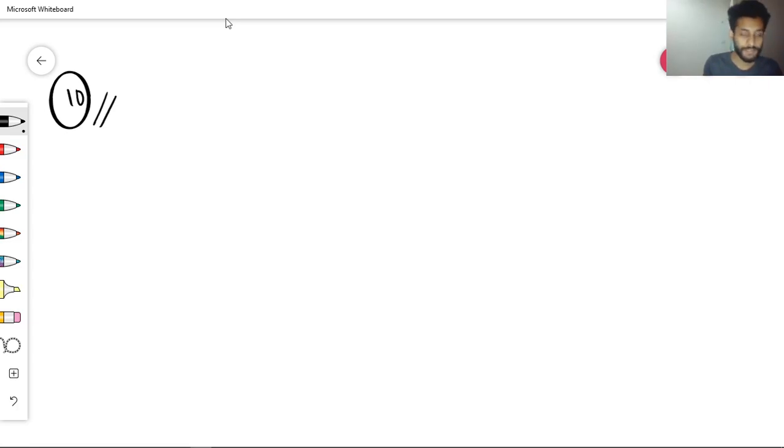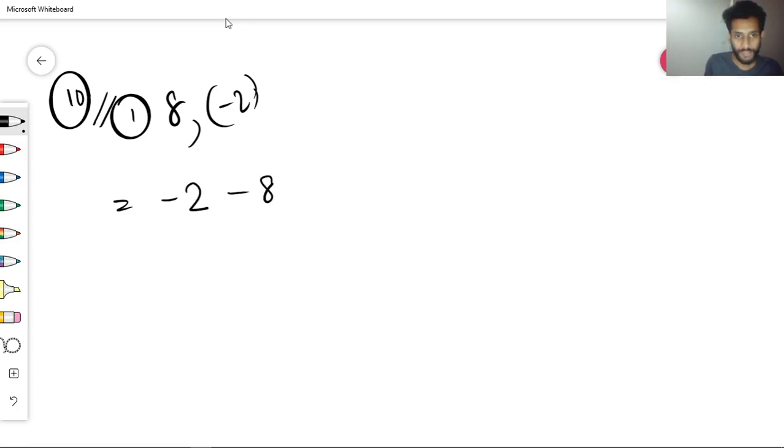That means we have to write the second number first and the first number at the back. So 1 is 8 and minus 2. So just keep this in mind, we have to write minus 2 here and minus 8 here.